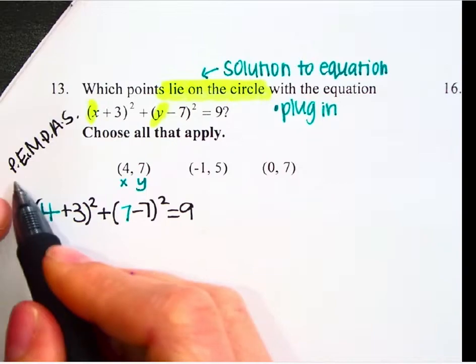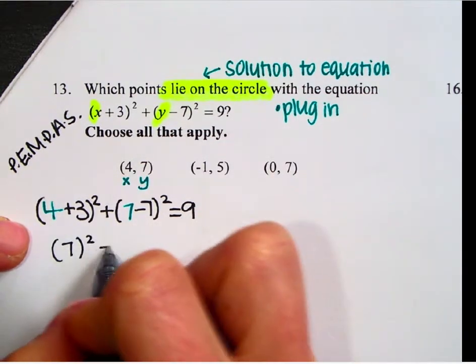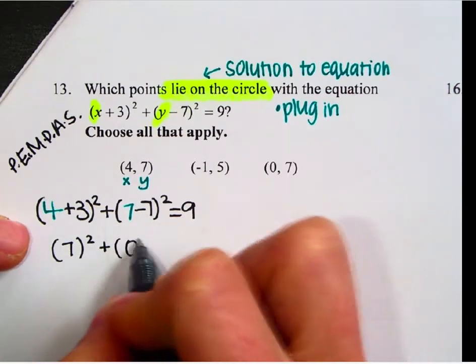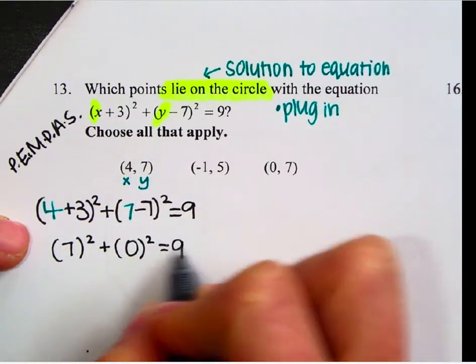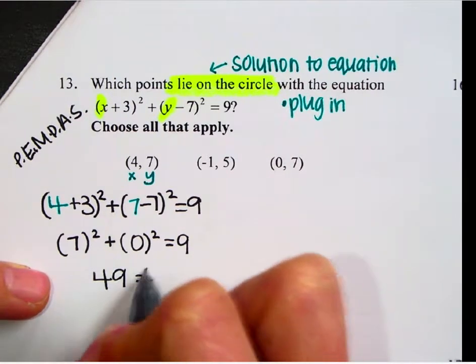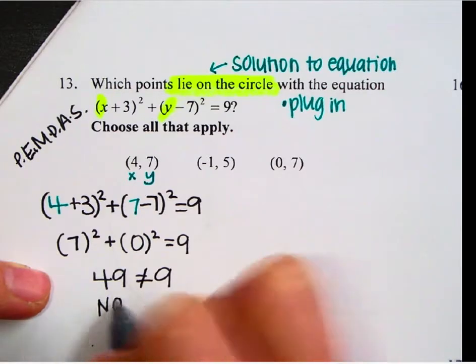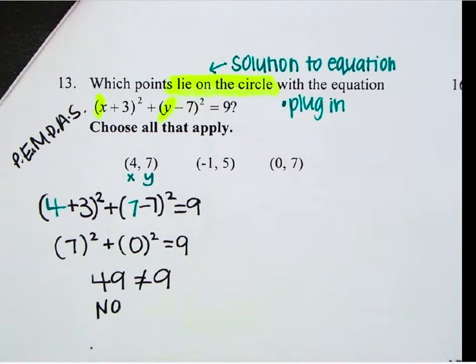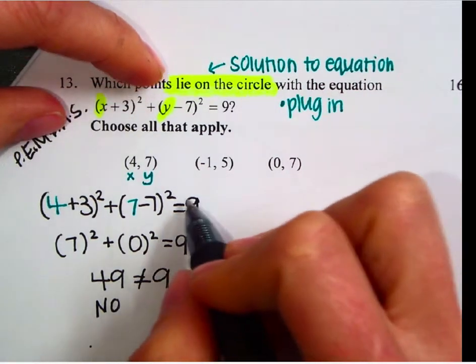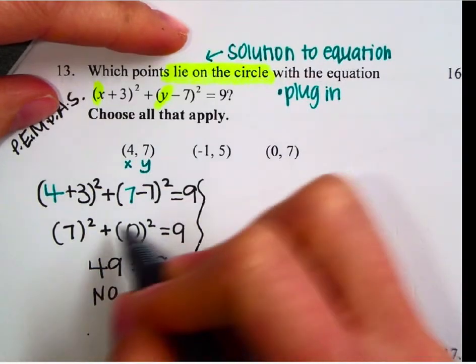We simplify inside of parentheses first. So here we have 7 squared. Here is 0 squared. We're checking to see, does that equal 9? This is 49. 49 does not equal 9, so we know that this one doesn't work. 4, 7 is not going to be a point on the circle because it is not a solution to that equation.